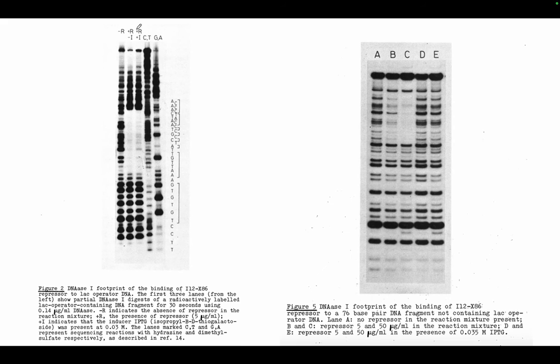When we're adding the repressor, you can see suddenly this region of the binding pattern has disappeared. Why? Because the protein has bound to the DNA in this region and it's not able to cleave the DNA. So this is giving us a very direct visual example of where in the DNA this protein is binding.